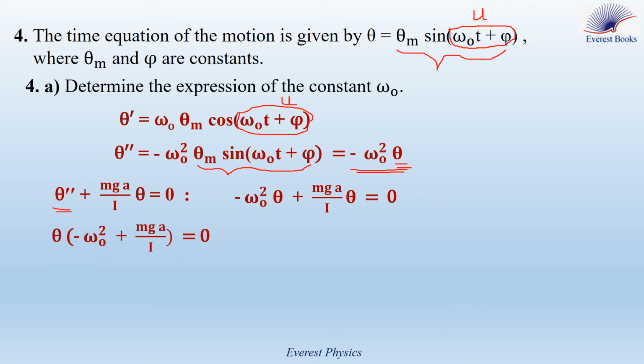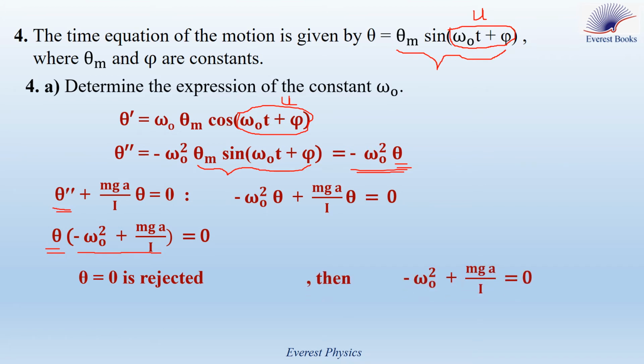Now, we have here two possibilities. Theta equals 0 or minus omega 0 squared plus mga over I equals 0. The first possibility is rejected because theta is equal to 0 only at the equilibrium position. So theta is not always 0. Let's move to the second possibility.